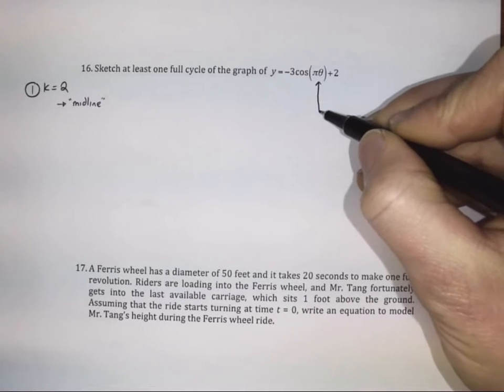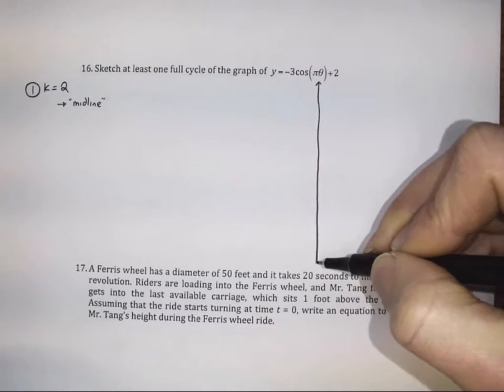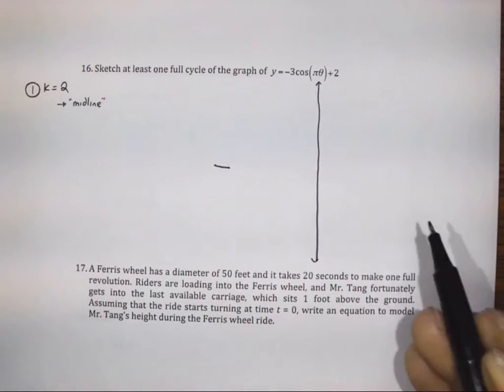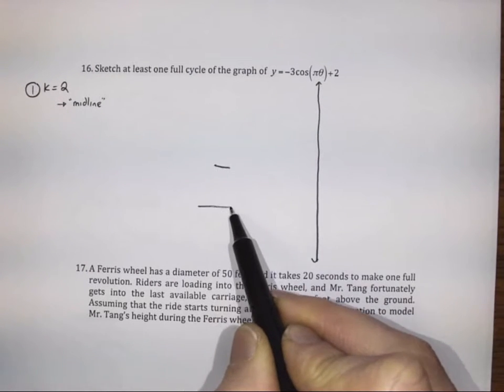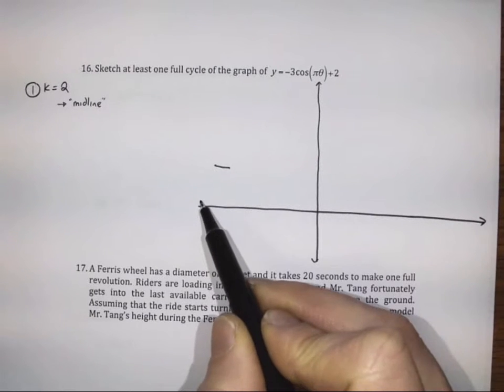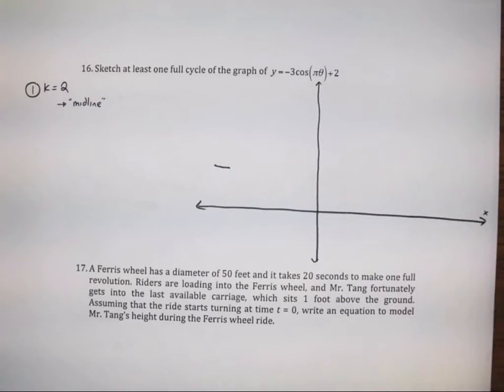I'm going to sketch over here. And it says sketch, not draw on a grid. Actually, you know what? I'm going to start a little lower, because I have a hypothesis. I kind of know what this is going to look like.